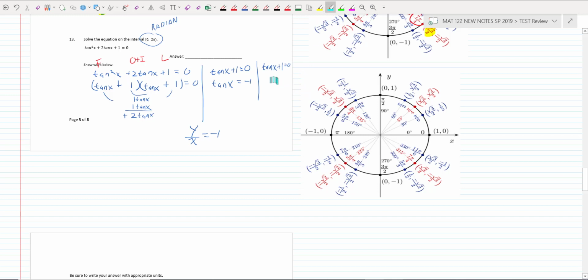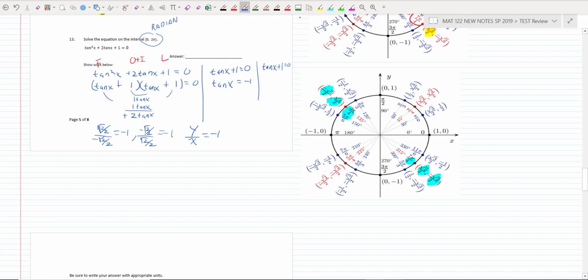That happens in two places. One is right here, where y over x is -1. The other is here at 7 pi over 4. If you do root 2 over 2 divided by negative root 2 over 2, you get -1. And if you do negative root 2 over 2 divided by root 2 over 2, you also get -1.